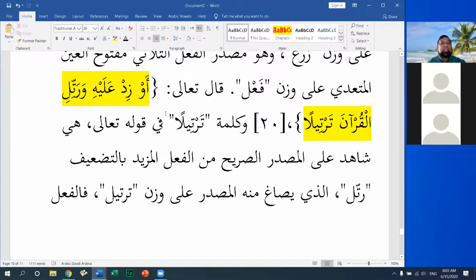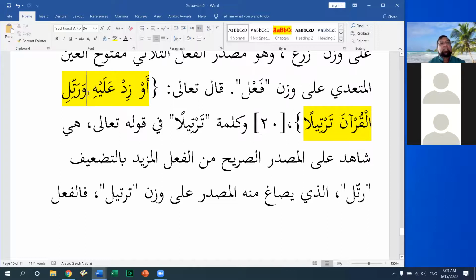أو زد عليه ورتل القرآن ترتيلا. أو زد عليه, or increase upon it. This is commanding Rasulullah sallallahu alayhi wa sallam to pray at night. This is in Surah Al-Muzammil.